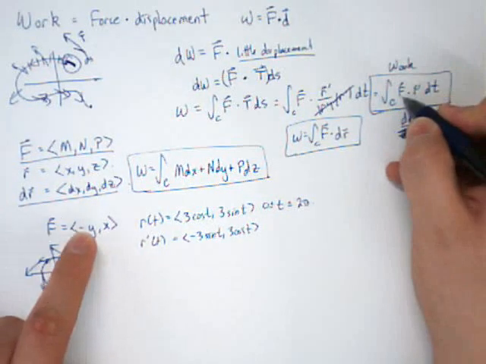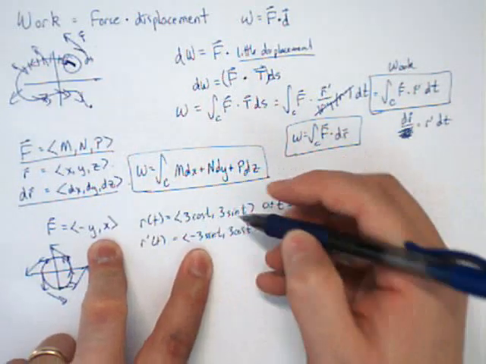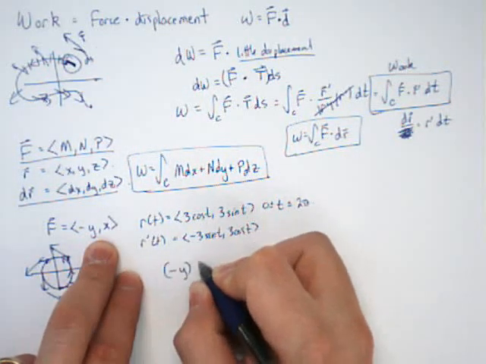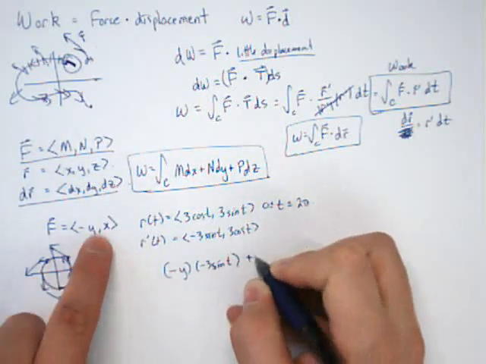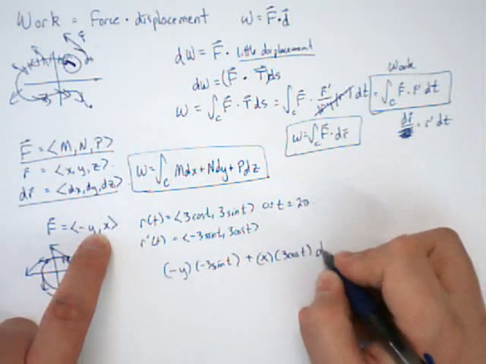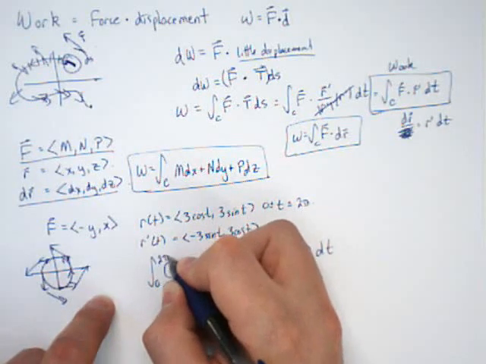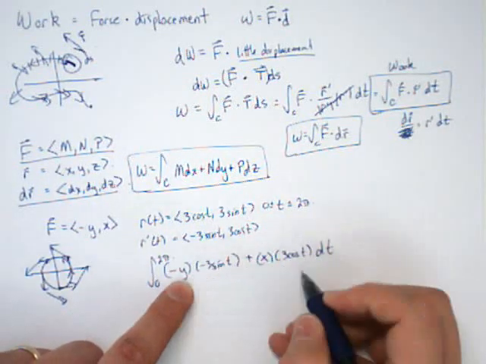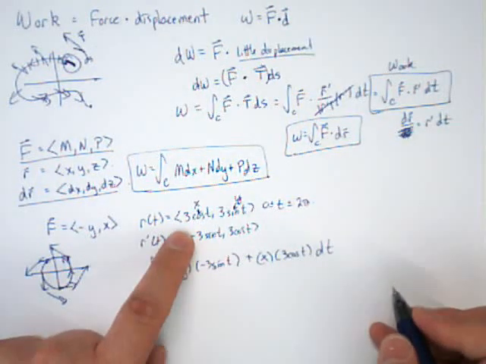And now, work is take F and dot it with r prime. So I just need to dot these. So negative y times negative 3 sine t plus x times 3 cosine t dt, and then I need to integrate from 0 to 2 pi. Now I need to know what x and y are, and remember those always come from your parameterization.